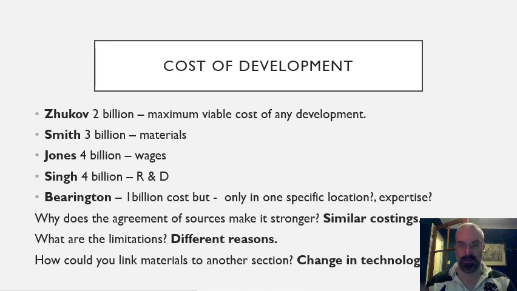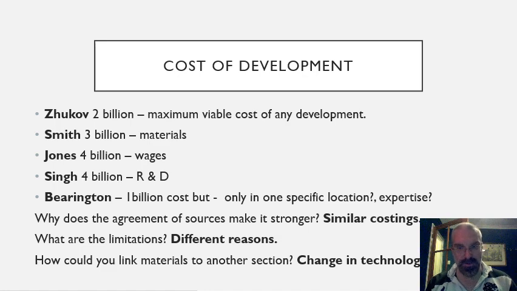Let's look at another example. So we've got Jones, who said it would cost £4 billion, and he says the most expensive outlay, the reason why we couldn't do it, would be because of wages of highly skilled workers. Our next example is Singh, who says it would also cost £4 billion, but actually he says the real cost would be in research and development.